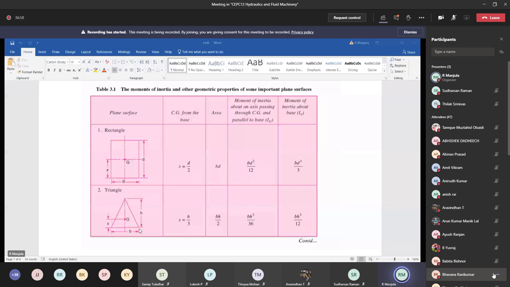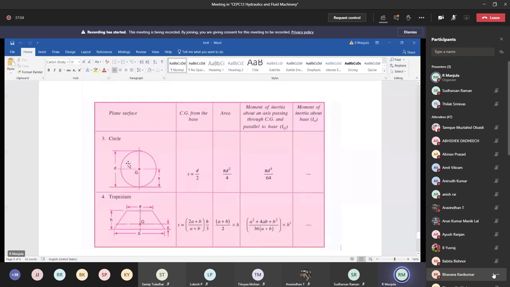Similarly for other plane surfaces like the circle and trapezium. For the circle, d is the diameter and x is the distance from one side of the base. Taking the base of the circle, with g as the center of gravity, x is equal to d by 2. The area will be pi d square by 4. The moment of inertia about an axis passing through CG and parallel to the base is pi d power 4 by 64, and there is no base here, so that is not applicable.